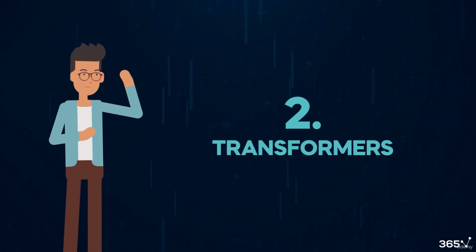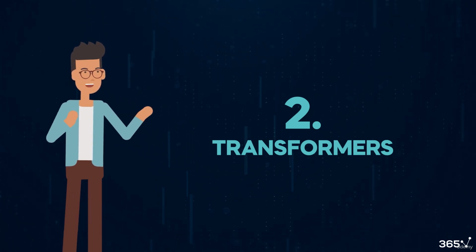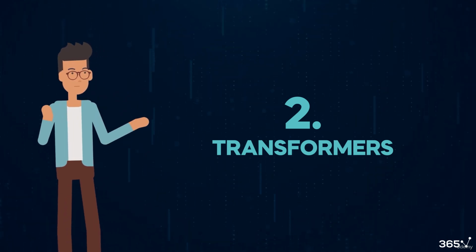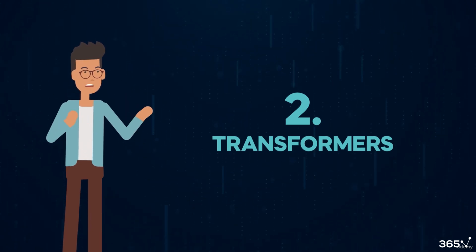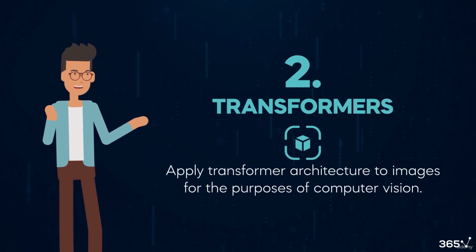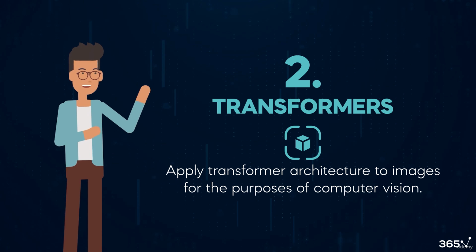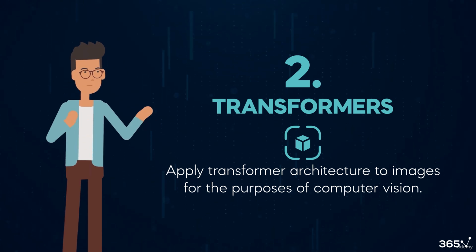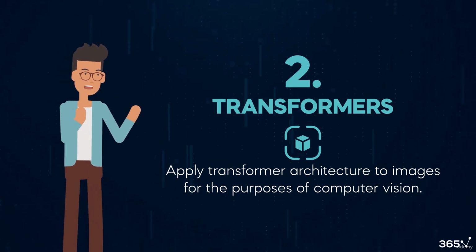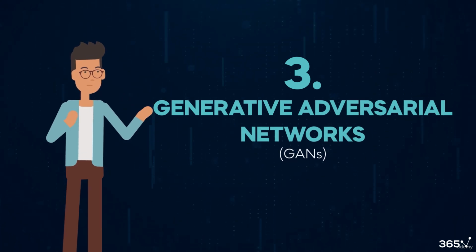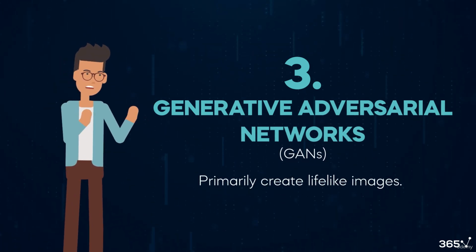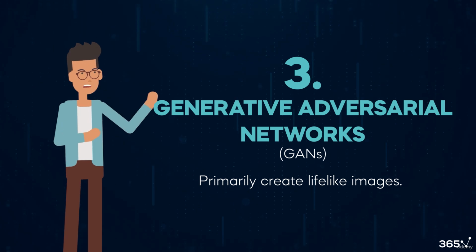Next, we'll focus on transformers, a key topic in our upcoming discussions on generative AI. For now, we can just say that, in some cases, AI researchers apply transformer architecture to images for the purposes of computer vision. Third, generative adversarial networks, GANs, primarily create lifelike images.